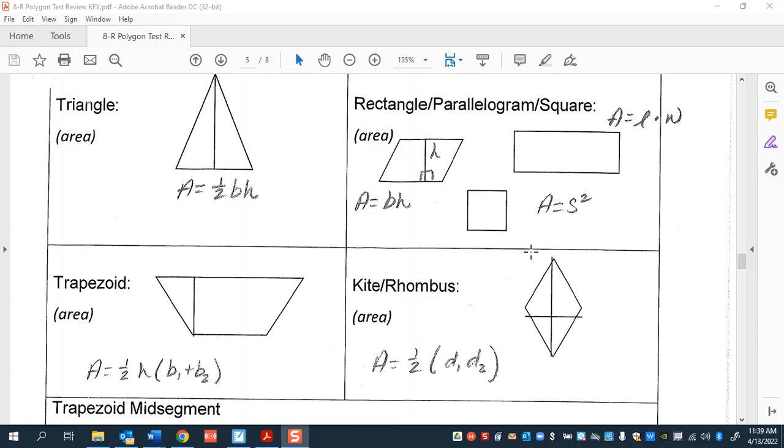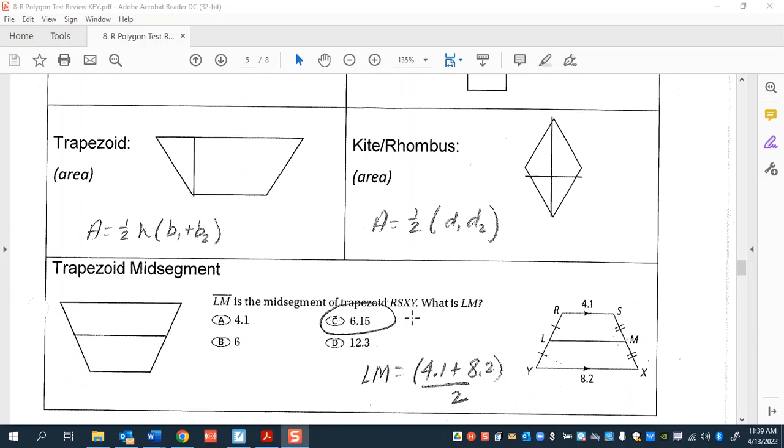So you have that base times the height. Your trapezoids, half of the height times the sum of the bases. And your kites and rhombuses are going to be half the product of the diagonals. Think about gift wrapping your shape for your best friend.